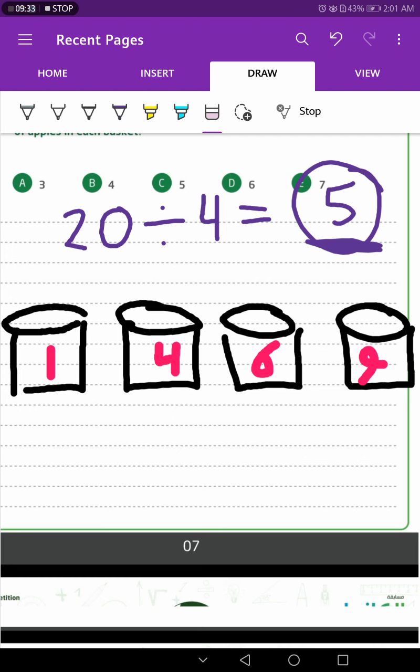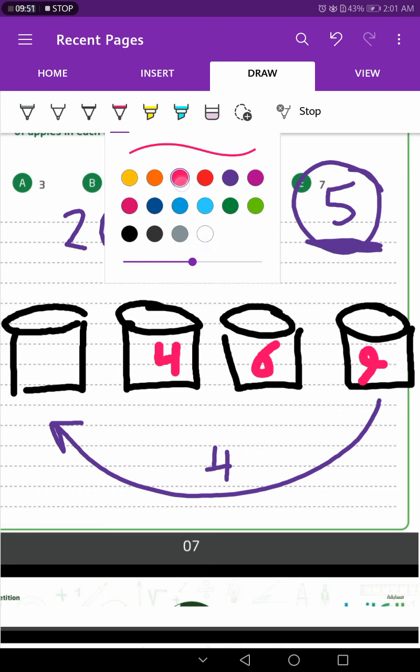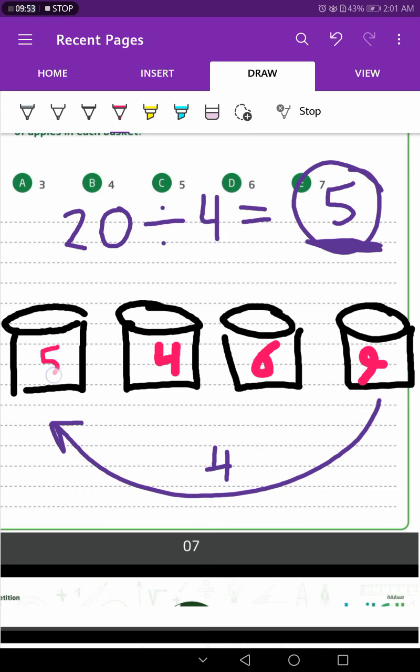So the first movement, I will give 4 apples from the basket with 9 apples. Now if I give this 4, this will be 5, and this will be 5.